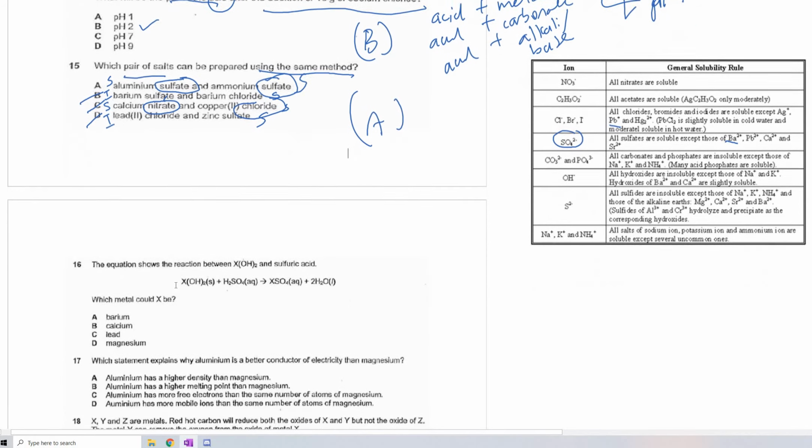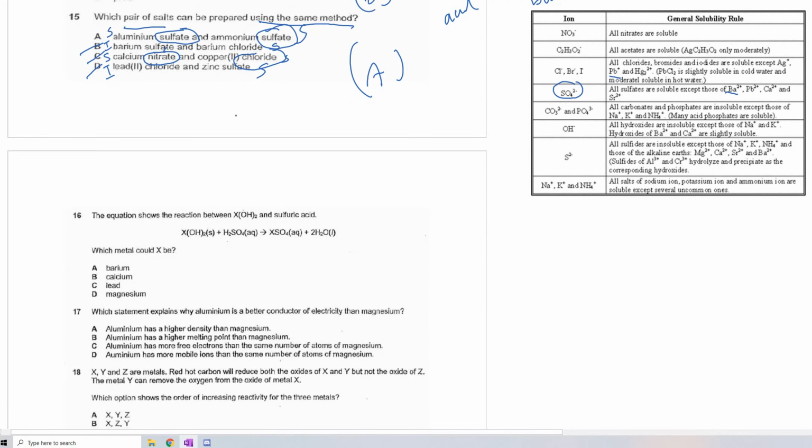Let's move on to question 16. The equation shows the reaction between XOH2 and sulfuric acid. So this is a base, this is an acid. So this is an acid-base reaction to produce salt and water.